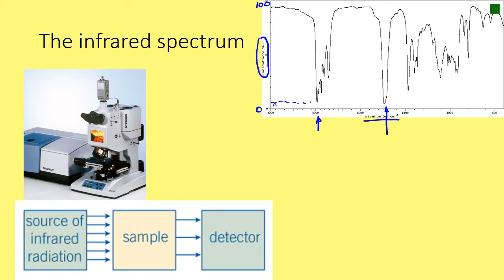Okay, and so what happens then is that this is an infrared spectrum for a particular molecule. All right, and the shape of it is unique to that molecule.